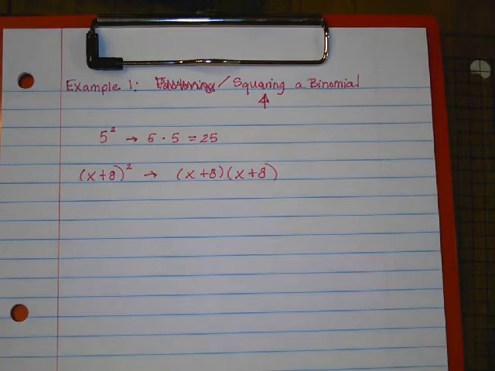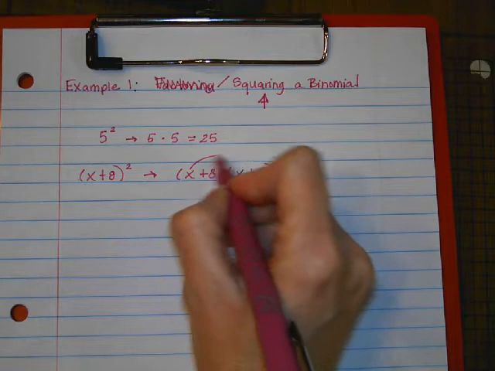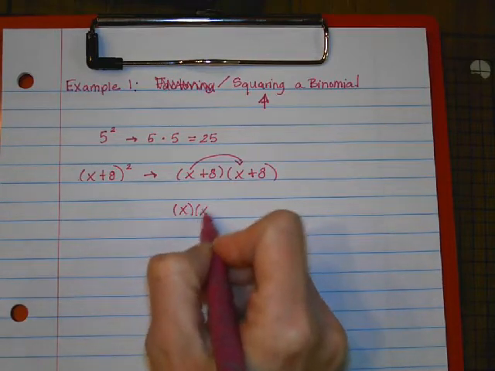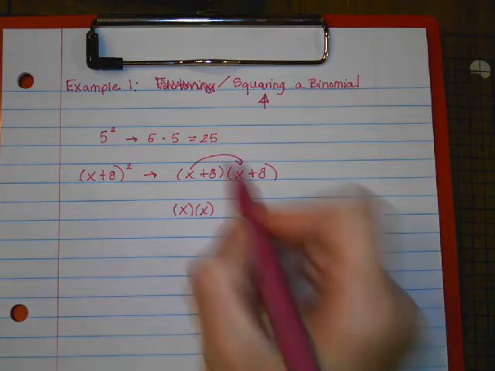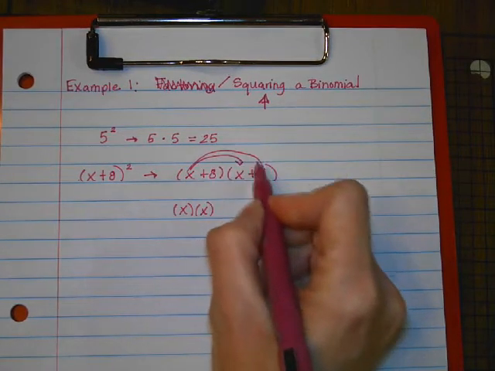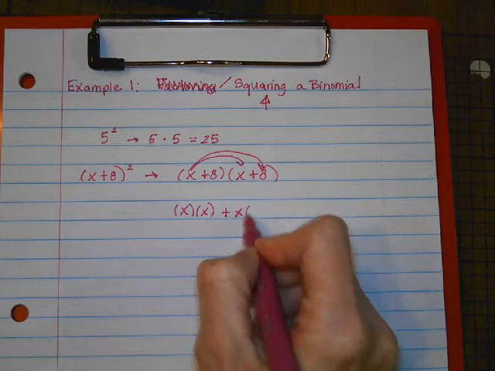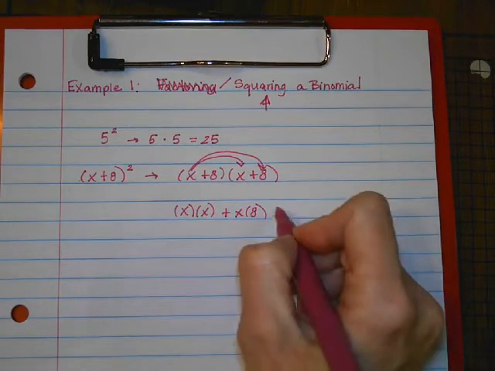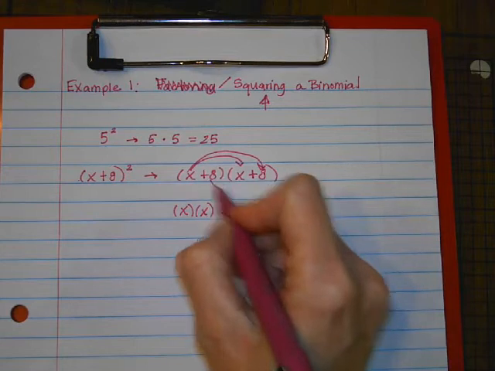All right? So we have learned in our previous lesson to do our distributive property. Remember, we took this x and we multiplied x times x. Then we took our x, the positive x, and we multiplied it times our 8. Then we took our positive 8 and we multiplied it by our x.